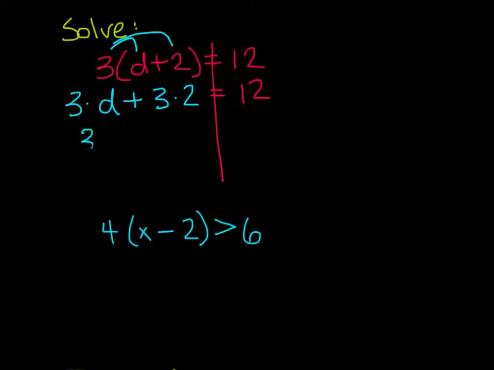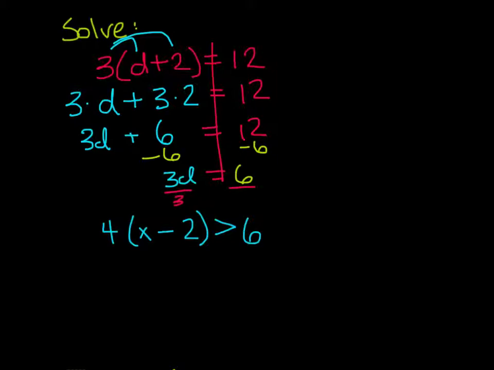So we have 3d plus 6 is equal to 12. From there, let's subtract 6 from both sides, and 3d is equal to 12 minus 6, which is 6. And last step, let's divide by 3 on both sides, so we get simply d is equal to 2.